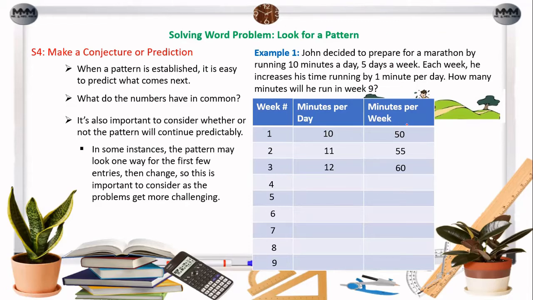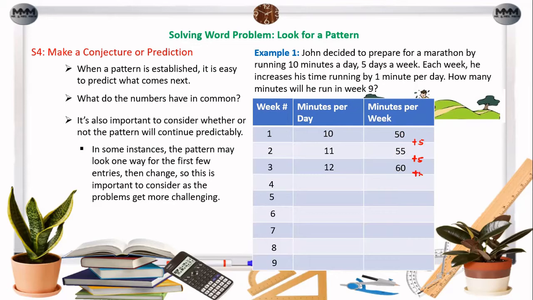So as you noticed from our previous step, we just add 5 to the previous entry. From 50, you add 5, you get 55 for the next entry. Here plus 5, you get 60. Then we can easily predict what comes next.